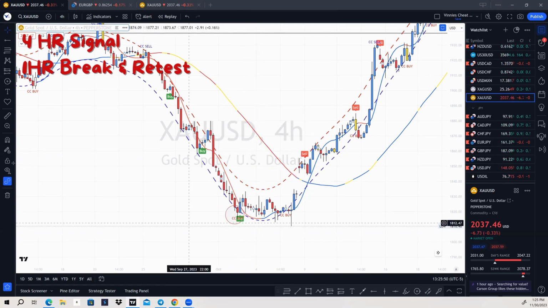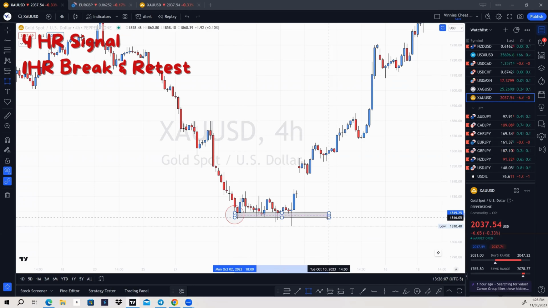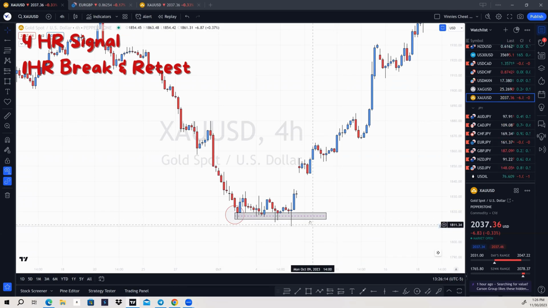Here's what I want you to do. Turn off the indicator, then take the rectangle tool on your TradingView. From the wick of where you got the CC buy, draw the rectangle shape and drag it over here.